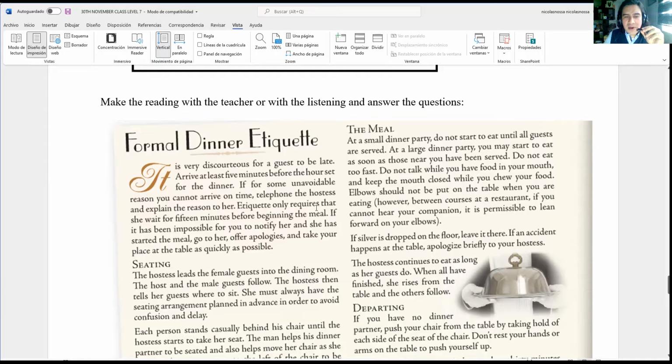Etiquette only requires that she wait for 15 minutes before beginning the meal. If it has been impossible for you to notify her and she has started the meal, go to her, offer apologize, and take your place at the table as quickly as possible.